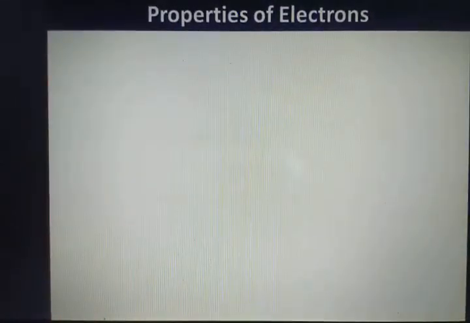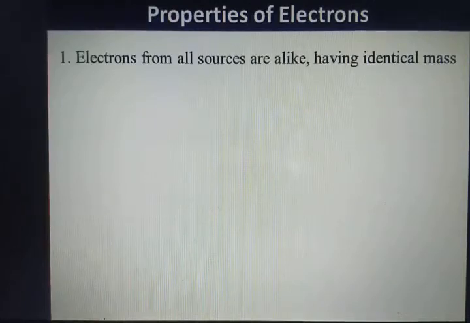The next, properties of electrons. The first is, electrons from all sources are alike. As I discussed in the previous class, all substances are different, but the electrons in them are identical in nature.